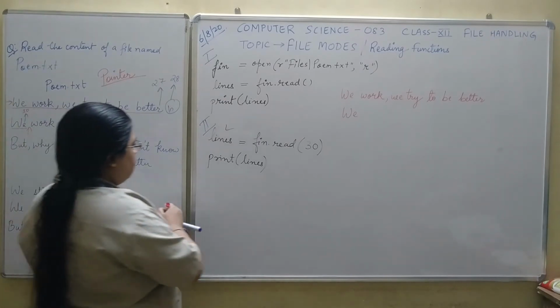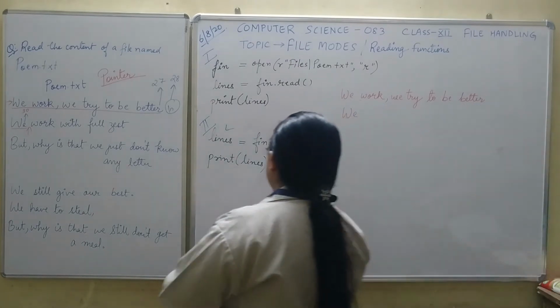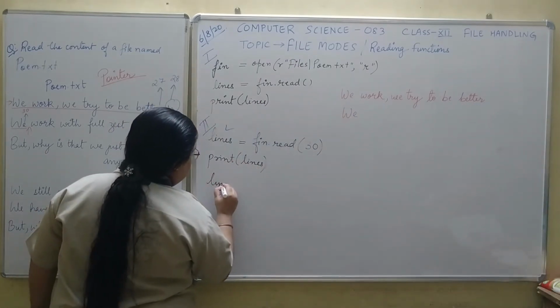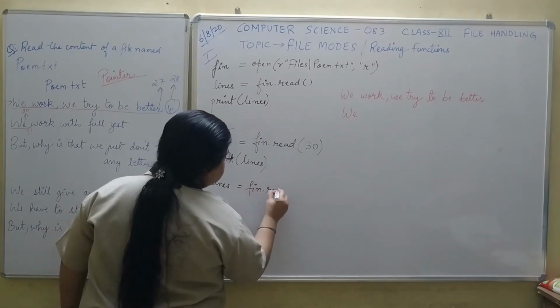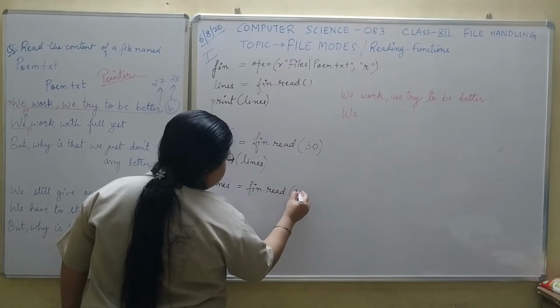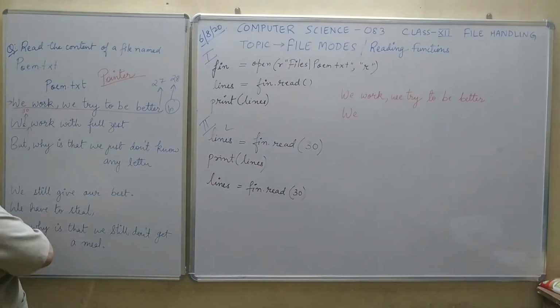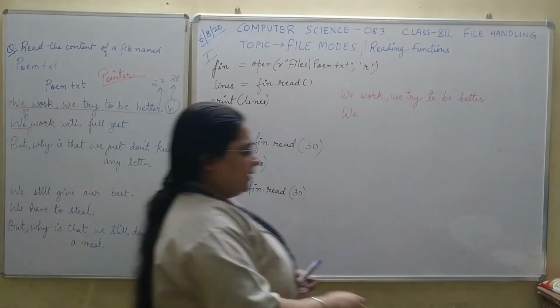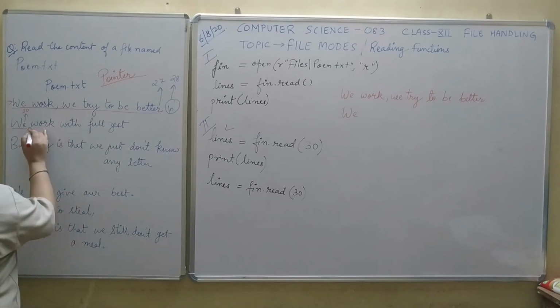Now when you again specify lines equals fin dot read, and you again specify 30 characters, it is going to start reading from here.